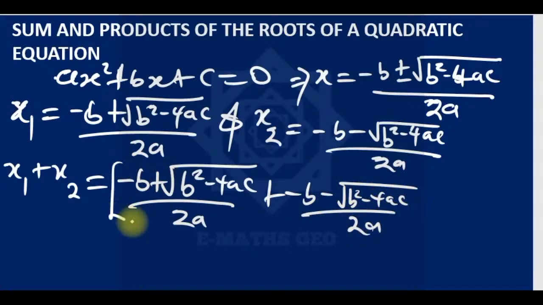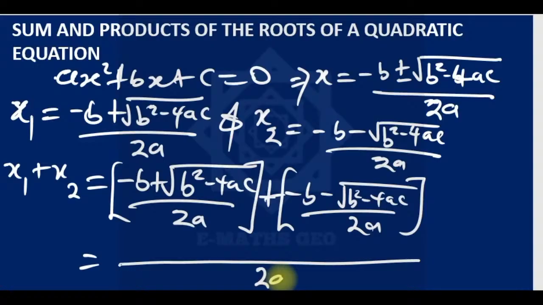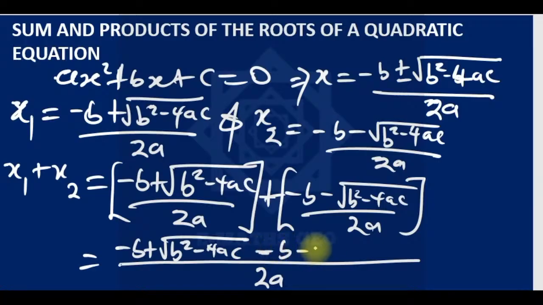You notice they have a common denominator 2a. So we write minus b plus the square root of b squared minus 4ac, plus minus b minus the square root of b squared minus 4ac.